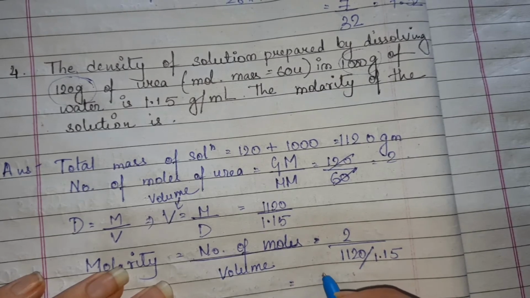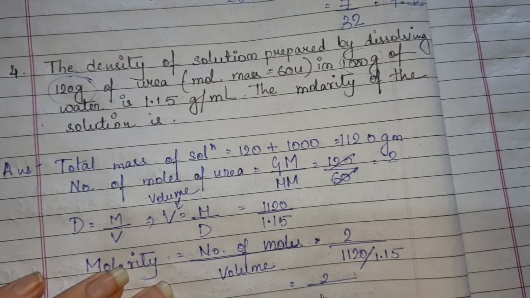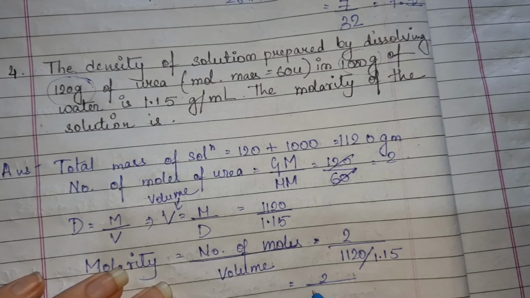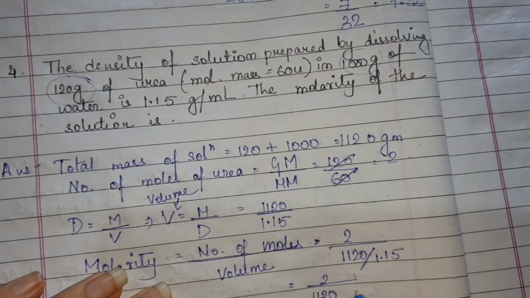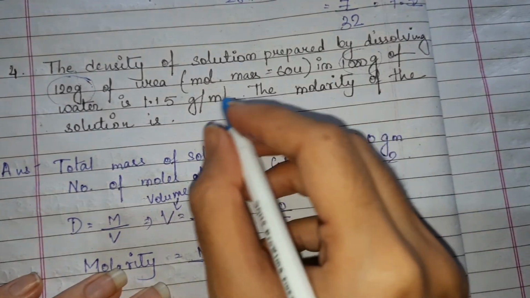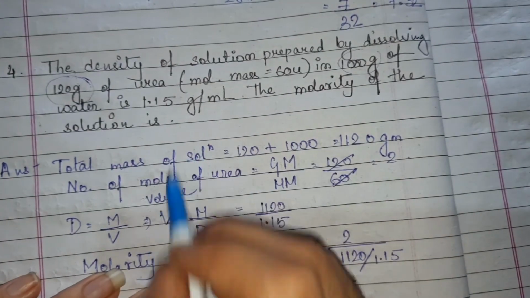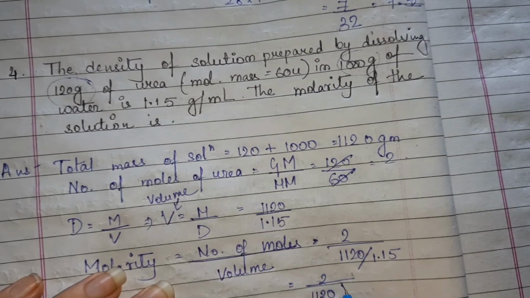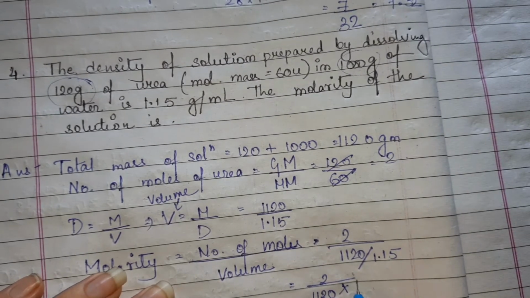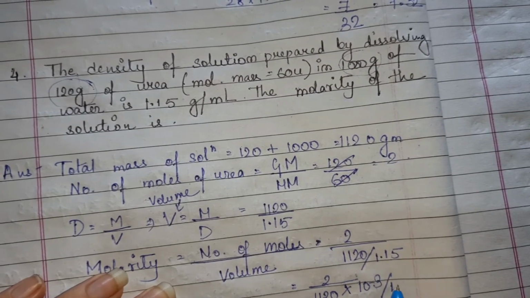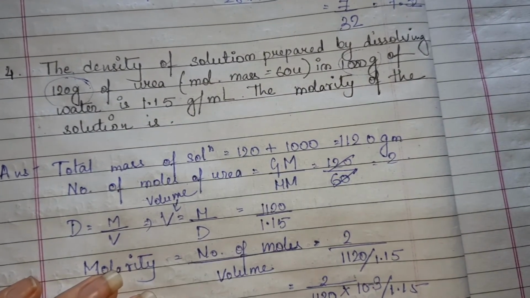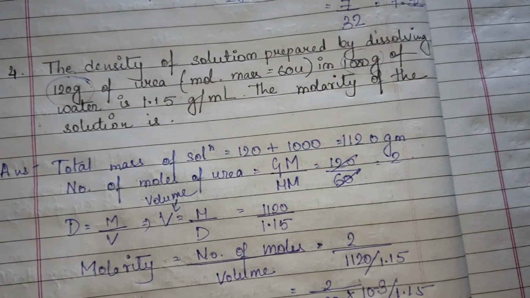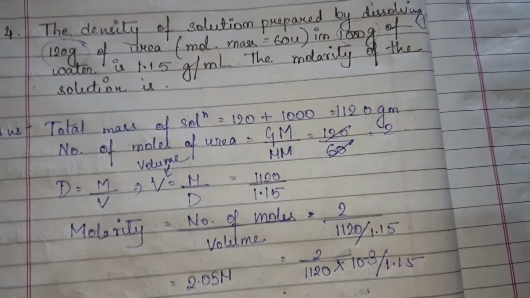So it will be 2 divided by 1120 into 10 to the power minus 3 by 1.15, with the milliliter and gram dimension change. So it will come around 2.05. Okay, 2.05 m.